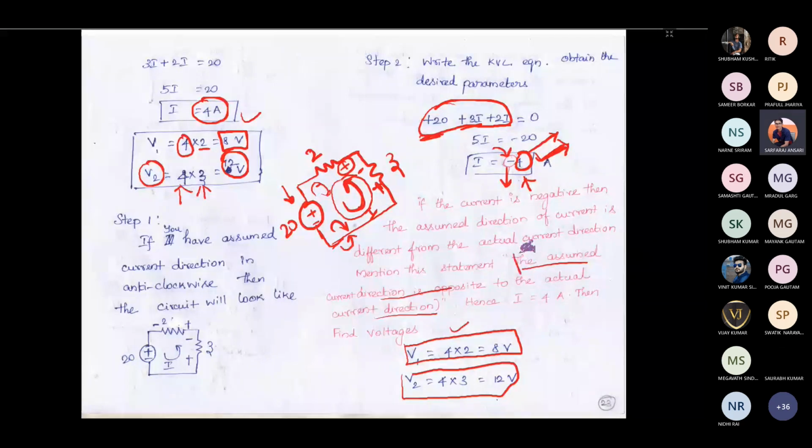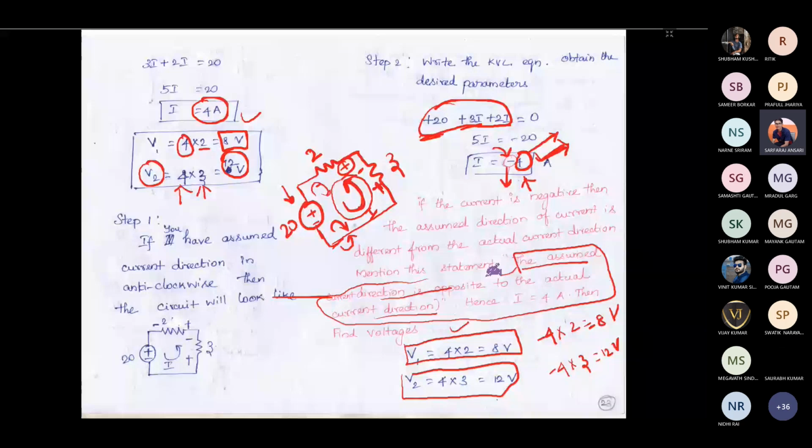If you do not mention it, then you have to write minus 4 into 2 is equal to minus 8 volt, and minus 4 into 3 is equal to minus 12 volt. Either case you can represent; nothing else.